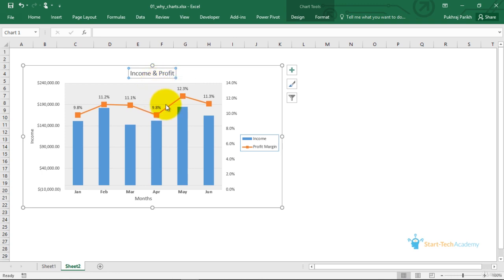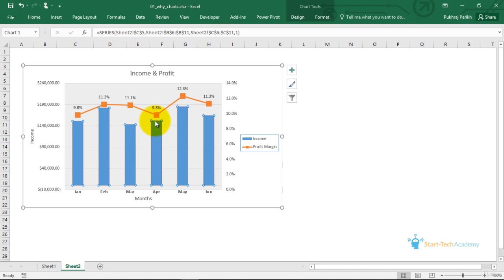This chart also contains horizontal grid lines. Grid lines are basically the extension of the vertical axis scales, which makes it easier for the viewer to determine the magnitude of the data points. So for example, if I want to find out the value of income for the month of April, I can see that it is lying slightly above this $140,000 grid line mark.